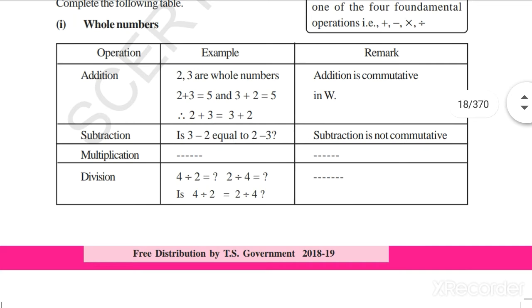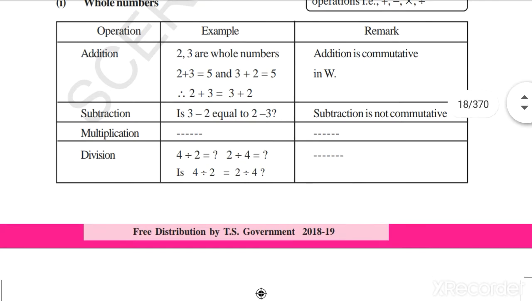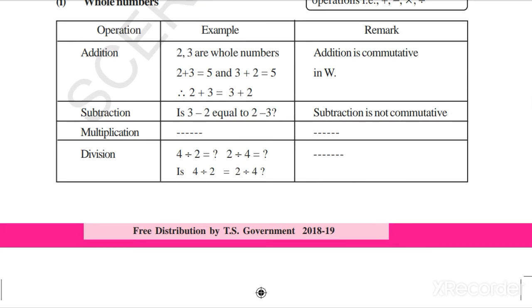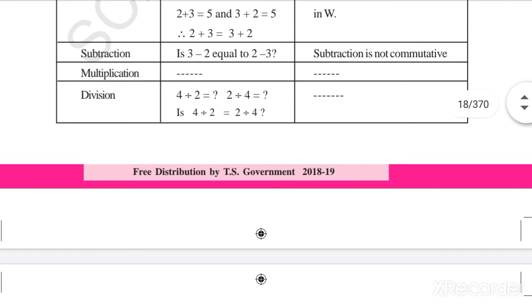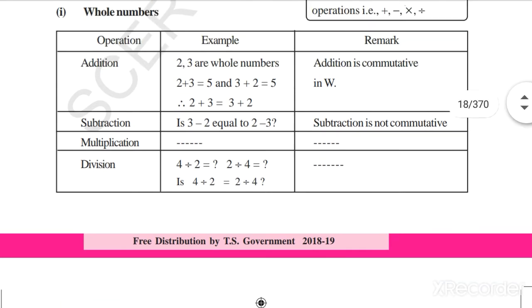Understood? Multiplication is the same. 2 into 3 is 6, 3 into 2 is 6. Both ways we get the same answer. So multiplication is commutative in whole numbers. Division: 4 by 2 is equal to 2, 2 by 4 is equal to 1 by 2, and 2 is not equal to 1 by 2, so it does not satisfy the commutative property.